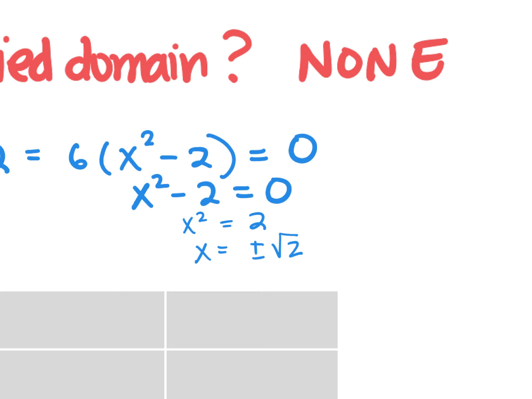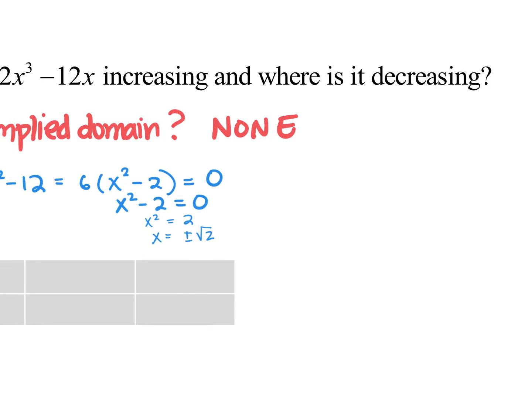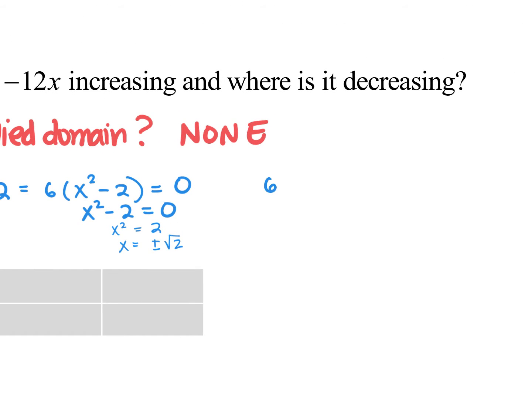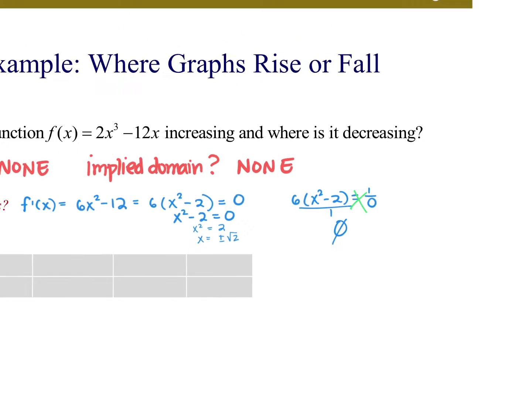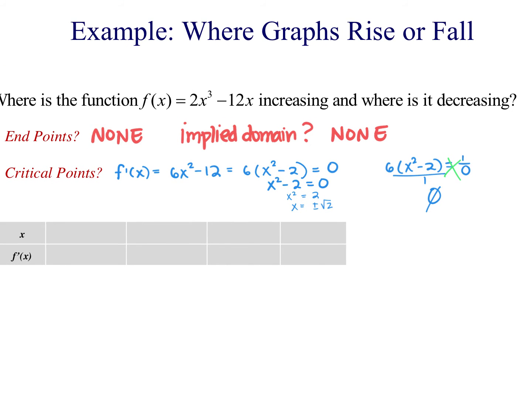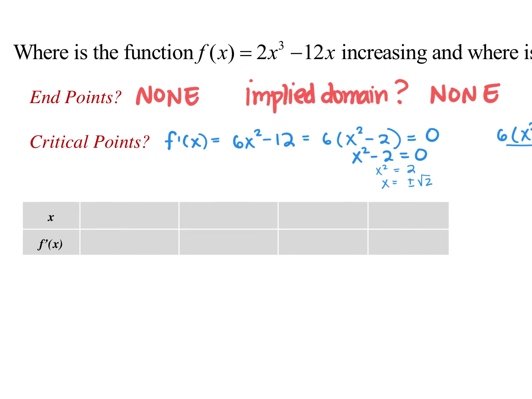So there are your critical points, the first 2 of them. Then you also have to check what about 6 times x squared minus 2 being set equal to 1 over 0? We cross multiply, and we get nothing. All right, so we've got 2 of them. In our chart, we start with the smaller one, negative rad 2.